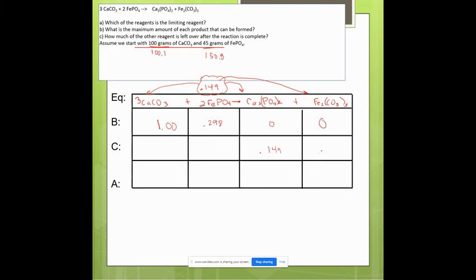And over here, we're using 0.1. Over here, we're going to take this value and multiply by 2, which is 0.298.